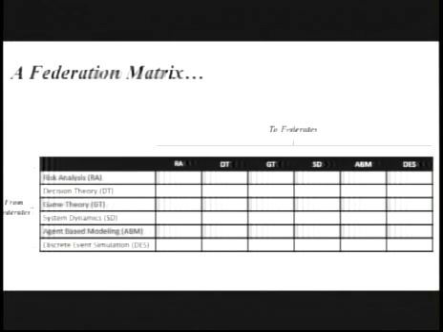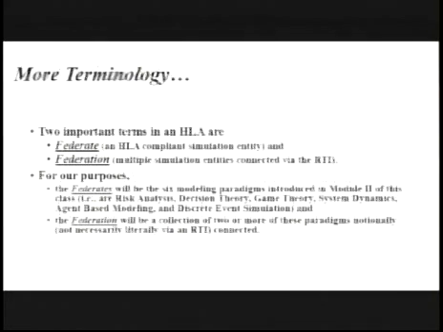What we are thinking about in the cell of that matrix is what is flowing from the federate, we call these things federates, to the other federate, so from risk analysis to game theory.